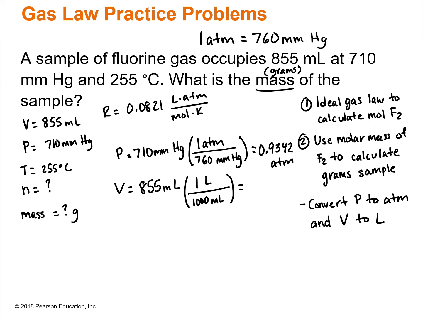That conversion should look a little bit familiar because we were doing those in chapter 2. And then I'll write out the temperature as well, just because I haven't been doing that. So we've got 255 degrees Celsius. You have to add 273 to get Kelvin. So these are the numbers we're going to use in the ideal gas law.